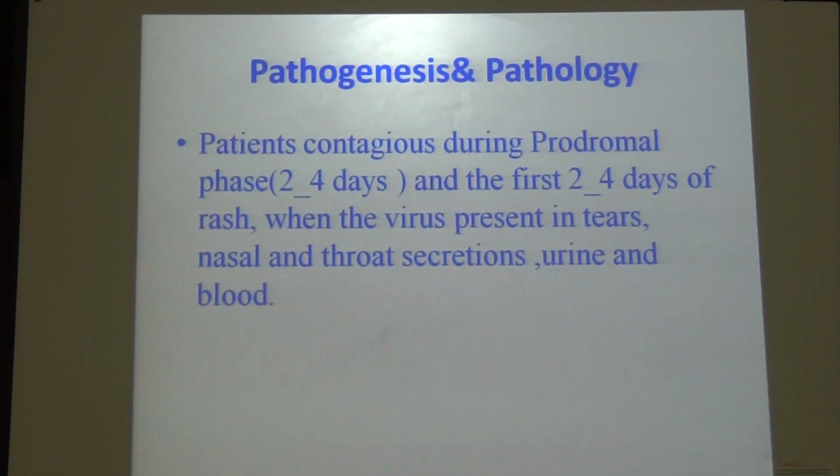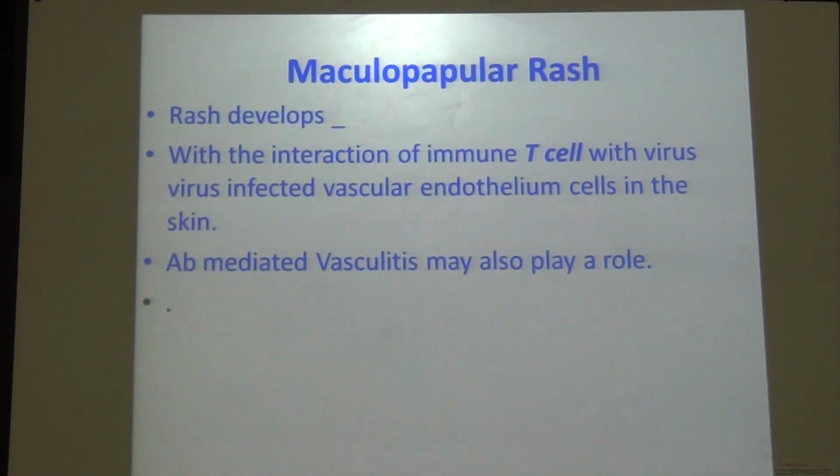The patients are contagious during the prodromal phase, which is 2 to 4 days, and the first 2 to 4 days of rash, when the virus is present in tears, nasal and throat secretions, urine, and in the blood.